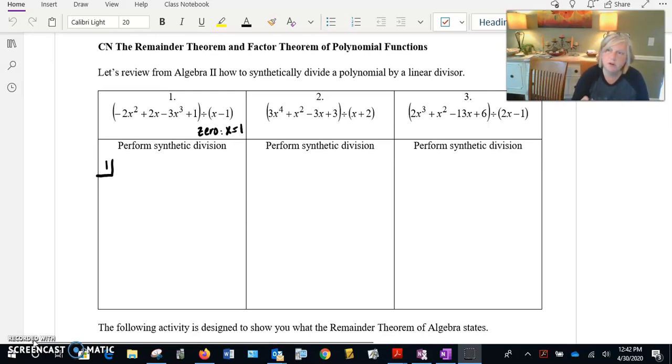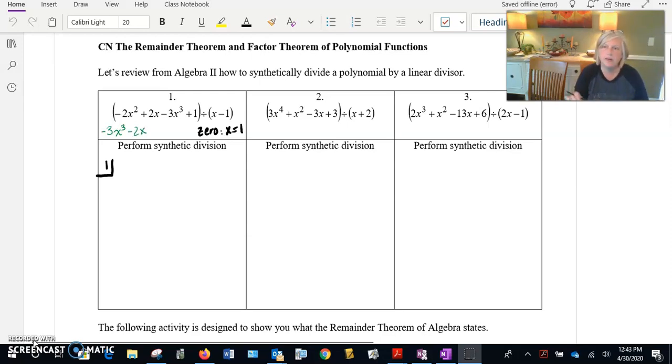The other thing that you want to do is make sure that your polynomial is in order from highest power to smallest power. So I'm going to reorder this to be negative 3x cubed minus 2x squared plus 2x plus 1.